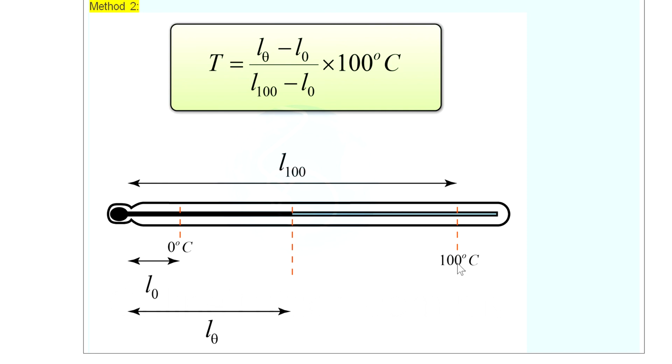Students, if we have steam point 120 and ice point 10, then 120 minus 10, 110 will be represented here. If for another liquid we have steam point 80 and ice point 20, then 80 minus 20 we will get 60. So this is the overall range between the higher fixed point and the lower fixed point temperature difference.